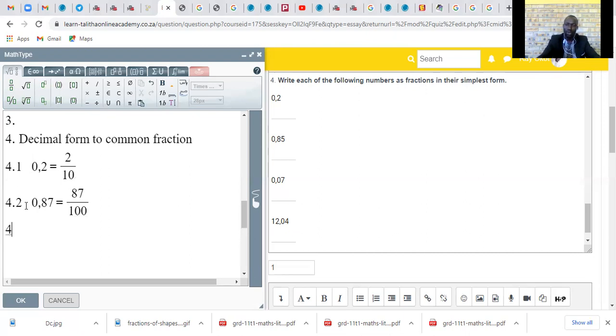Now, the next question we want to handle is question 4, part 3. Now, question 4, part 3 is given as 0.07. And so 0.07 in a fractional notation, well, notice that the first number after the decimal point is under a tenth. The second number is under 100.